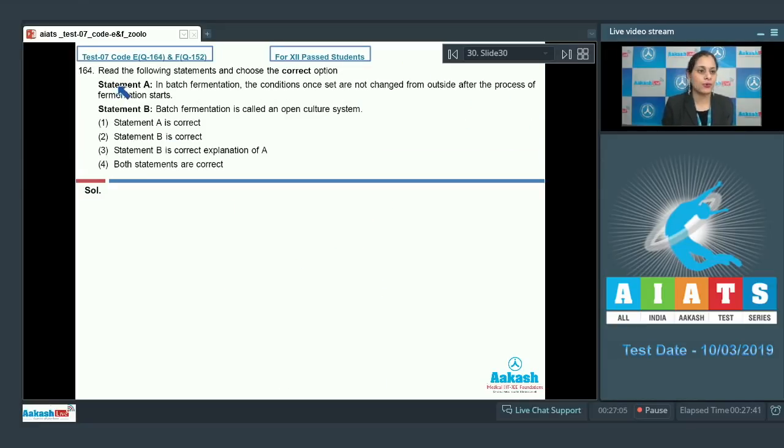Question number 164. Read the following statements and choose the correct option. Statement A says, in batch fermentation, the conditions once set are not changed from outside after the process of fermentation starts. This is a correct statement because batch fermentation is regarded as a closed culture system.